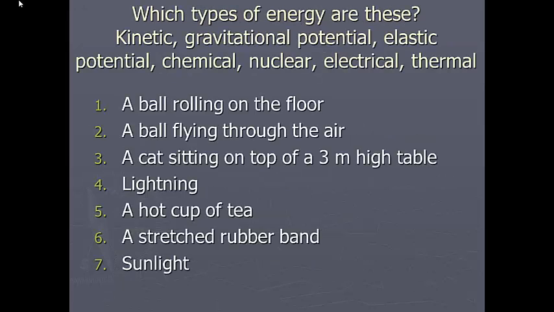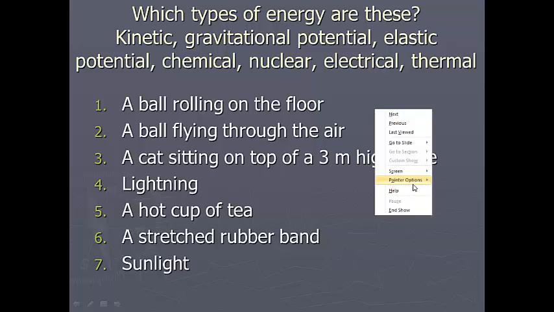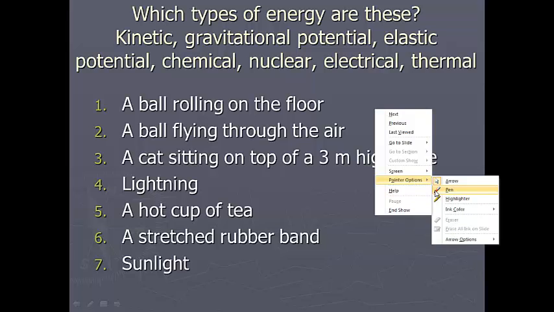Let's go over what types of energies these examples are, and you may be able to come up with even more examples. So a ball rolling on the floor, what types of energy will that example have? Well, it's going to have kinetic because it's moving.